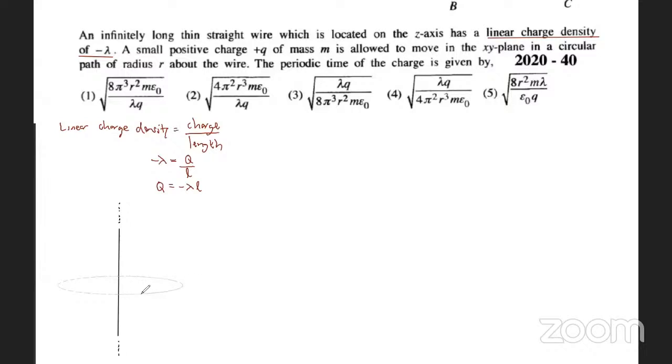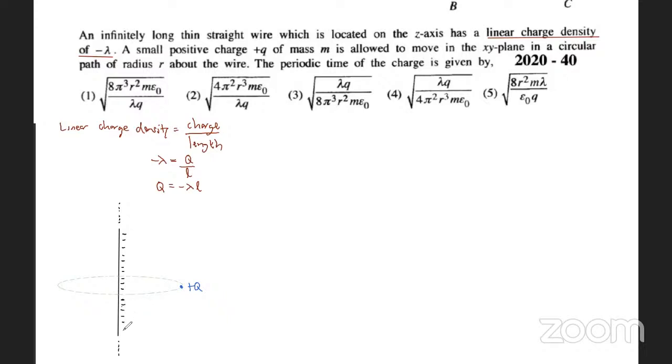We all know from mechanics that when we want an object to perform circular motion, what is the main condition, people? It should have a centripetal force. So when you have a positive q charge like this, whenever it revolves around this charged wire, the wire is negatively charged. Remember, the wire is negatively charged. So whenever it revolves around that wire, it will experience an attractive force towards the wire, a continuous attractive force.